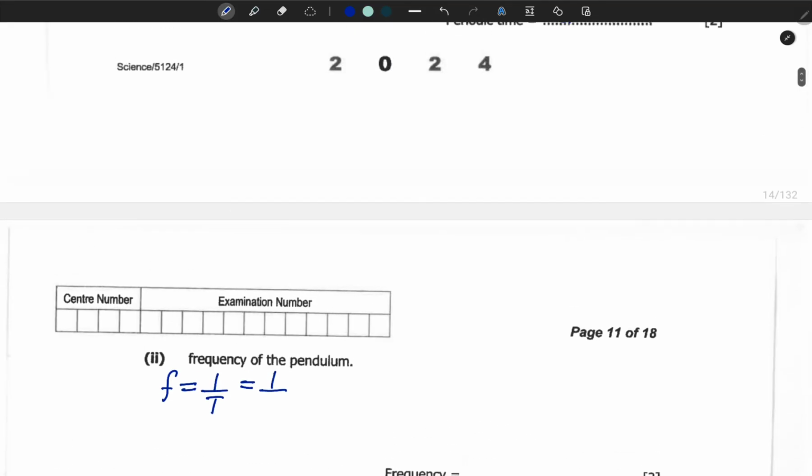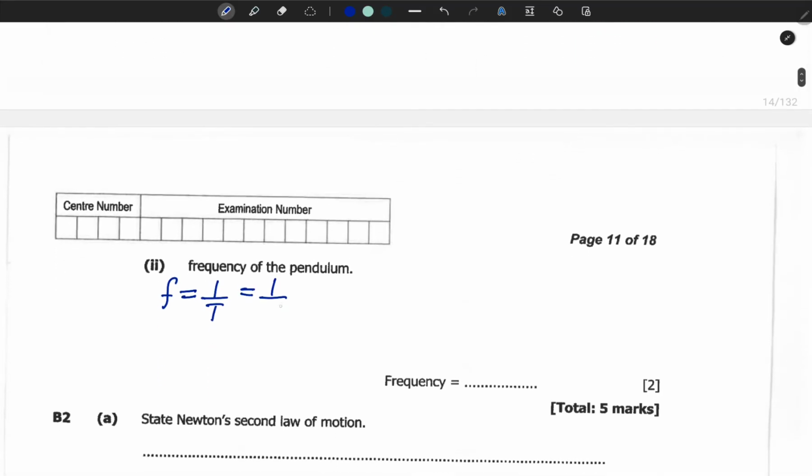So 1 over the period, we say is 2.5. So 1 divided by 2.5, you get 0.4 Hz. So this means that every 1 second, 0.4 oscillations were made.